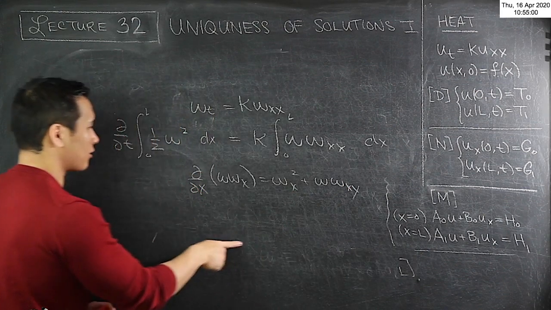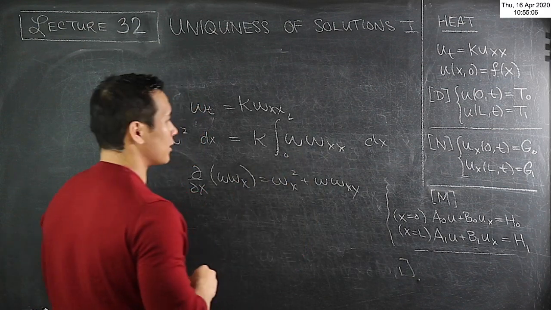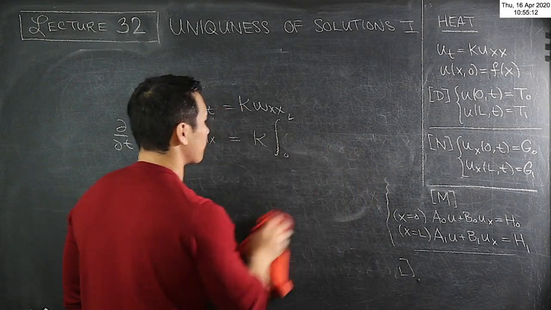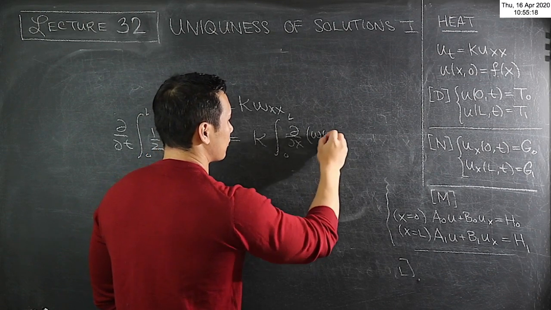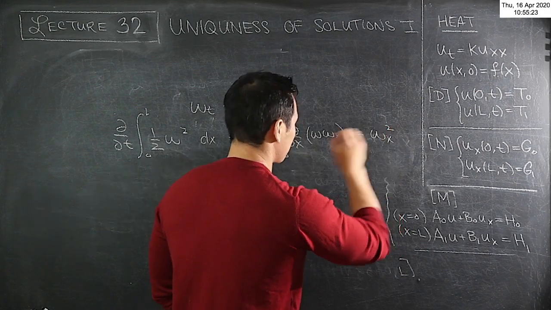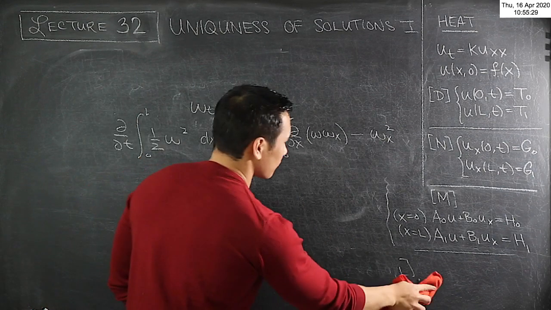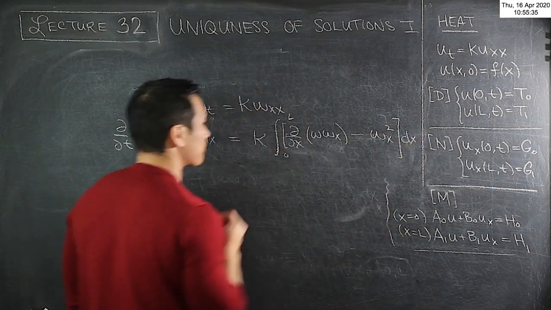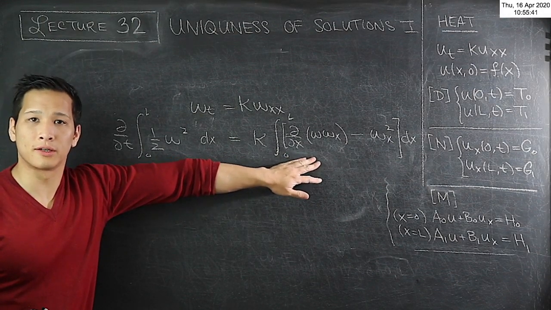Move the W_x squared to the left-hand side and then substitute the new left-hand side into this integrand. So this will become a d/dx of W W_x minus a W_x squared. And then let's put a bracket dx. Okay, now you're free to integrate out of this first integrand.